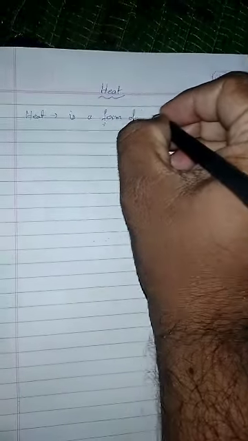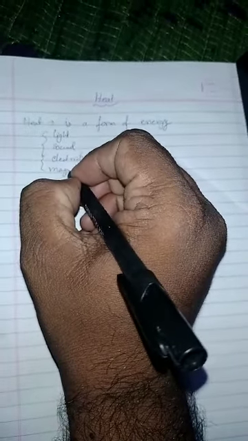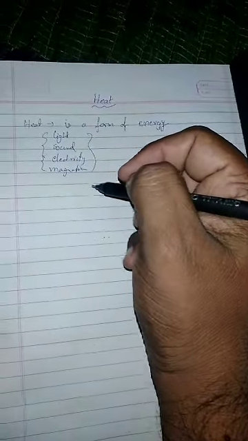There is a common definition used by everyone. Heat is a form of energy. But remember, along with heat, light, sound, electricity, magnetism, these are all also considered as energy.